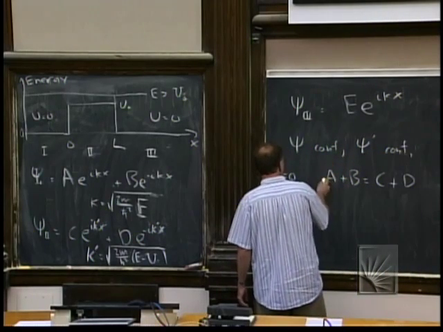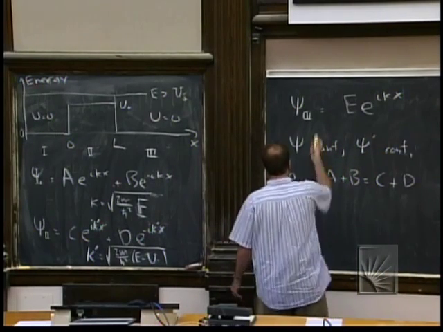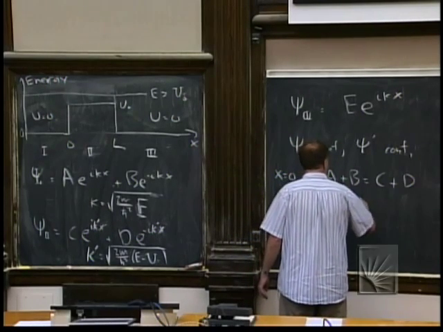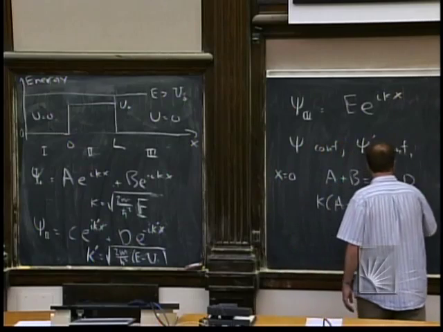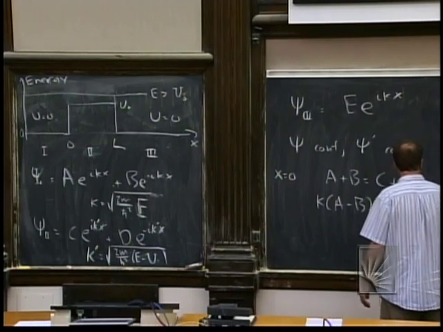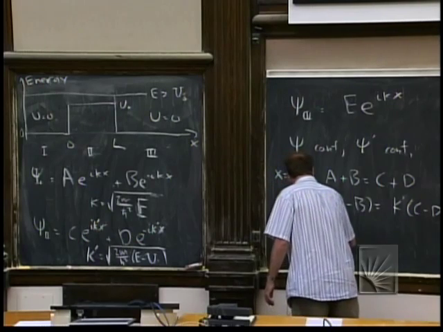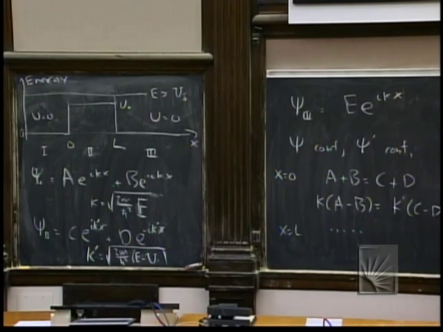That's psi continuous, psi prime continuous. It's going to be K(A minus B) equals K prime (C minus D). And then there's the x equals L conditions. Blah, blah, blah. I'm not going to write them down.